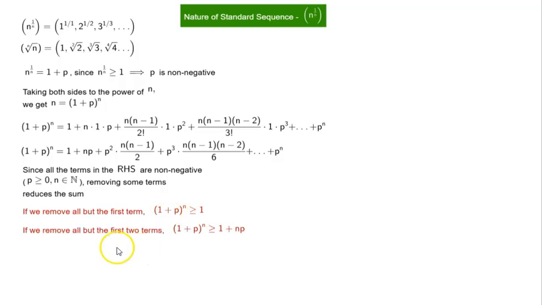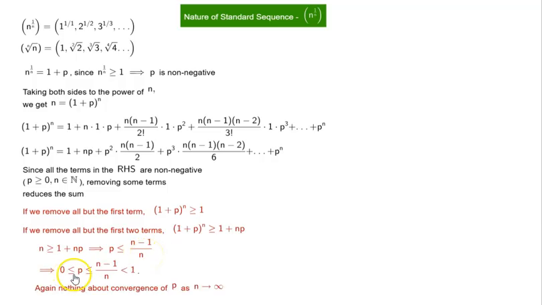So let's take the first two terms. We remove all but the first two terms. What do we have? (1 plus p) to the power of n is greater than or equal to 1 plus np. Now let's again solve it for p. We get n is greater than or equal to 1 plus np, which implies p is less than or equal to (n minus 1) by n, which in turn implies that 0 is less than or equal to p, which is less than or equal to (n minus 1) by n, which is less than 1.